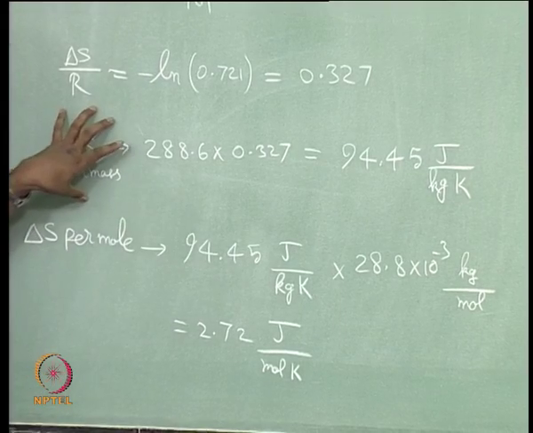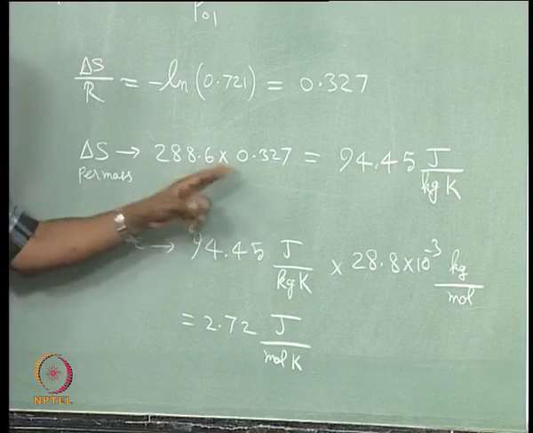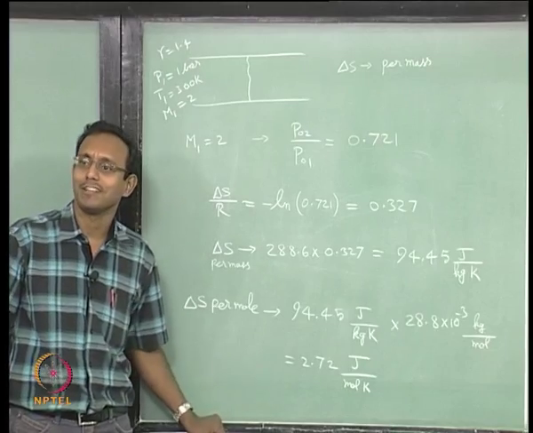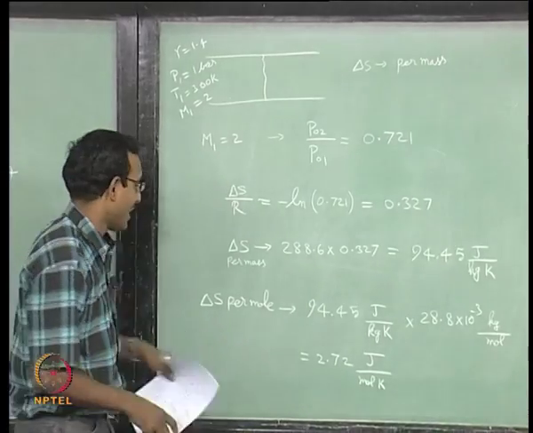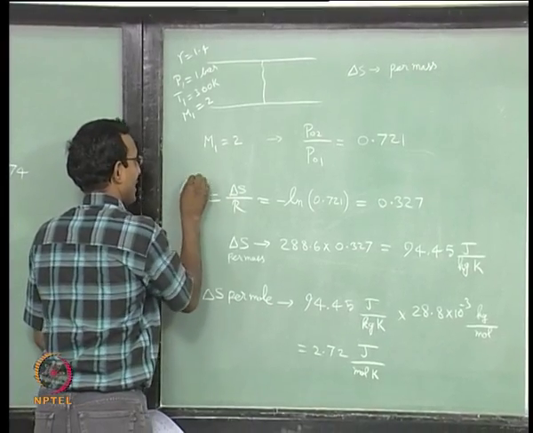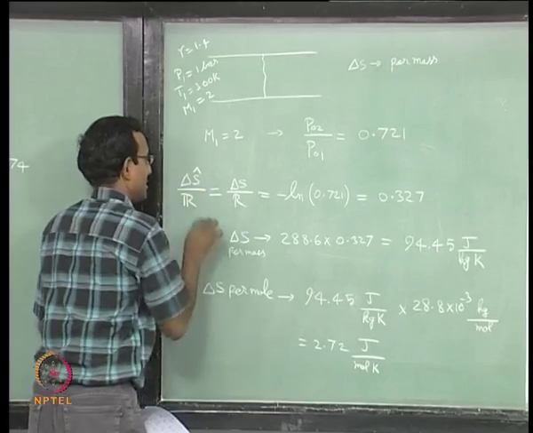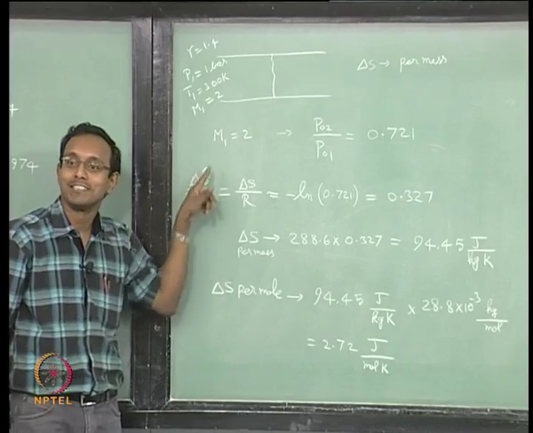But this is because I already had delta S per mass. What if I did not have this already? Will I go and solve this and then solve this? Unnecessary. I can rewrite this as delta S cap by universal gas constant, since I am multiplying and dividing by molecular mass, that is all I have done.